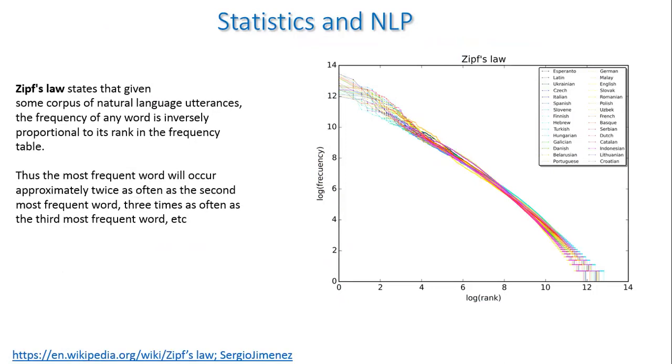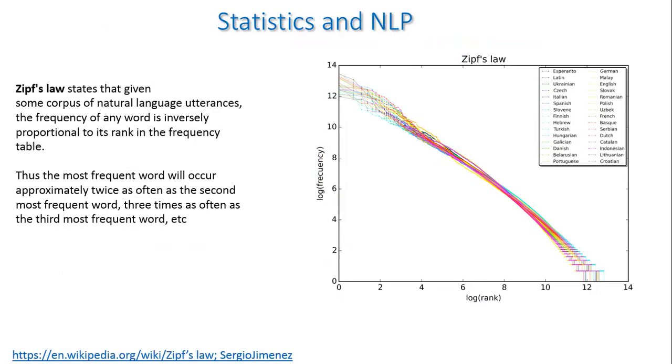Now why is that? Why is that even possible? How is that even possible? Nobody really knows, but one thing we know for sure is that almost all human languages obey something called Zipf's law.